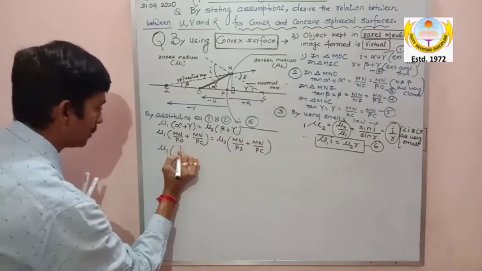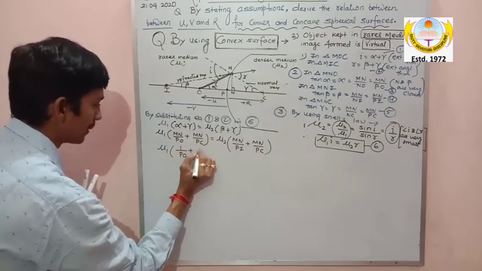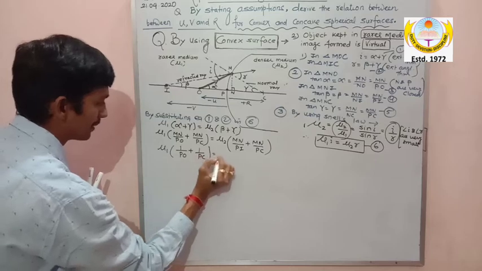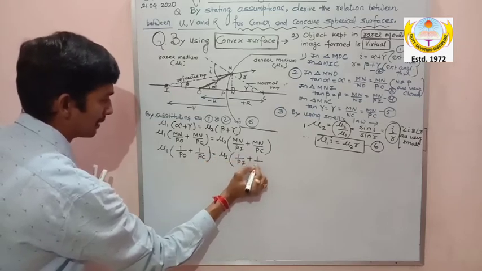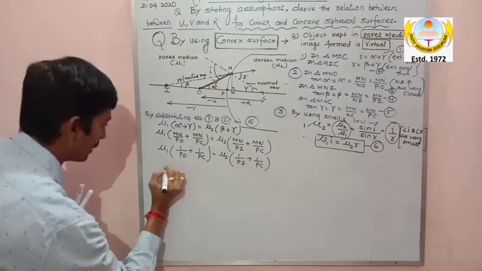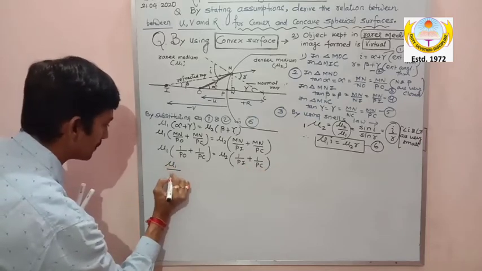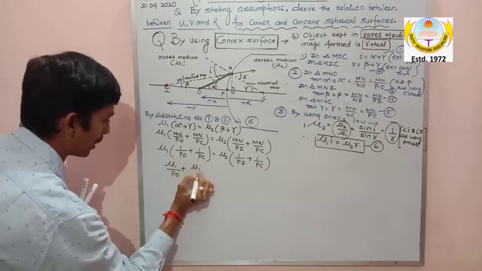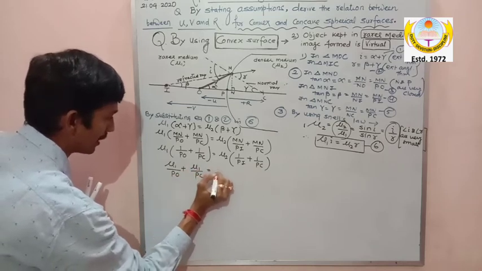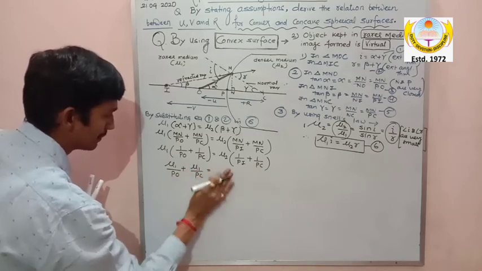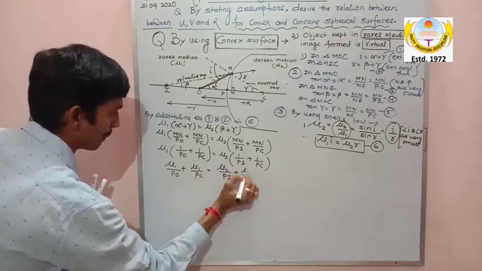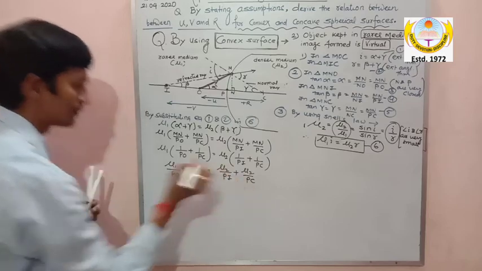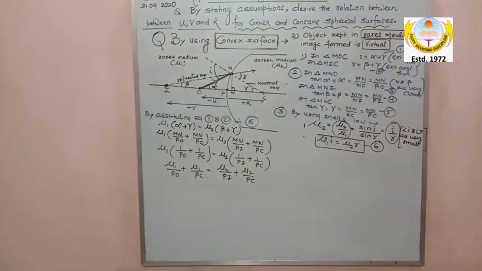So this is mu 1 into 1 by PO plus 1 by PC, is equal to mu 2 into 1 by PI plus 1 by PC. This will give me mu 1 upon PO plus mu 1 upon PC is equal to mu 2 upon PI plus mu 2 upon PC. I hope you are getting all this.